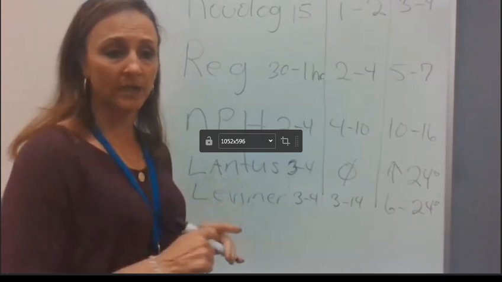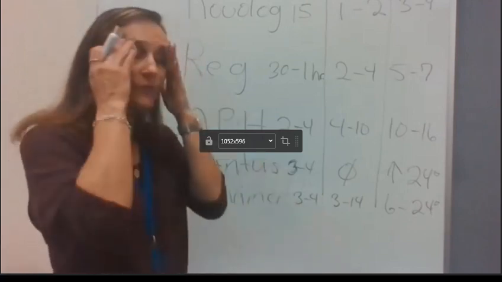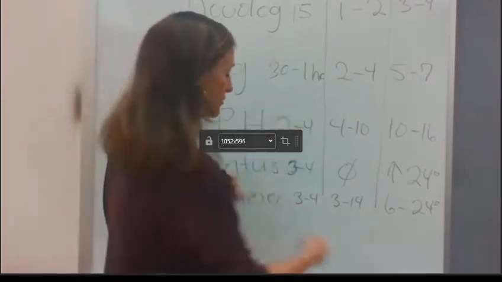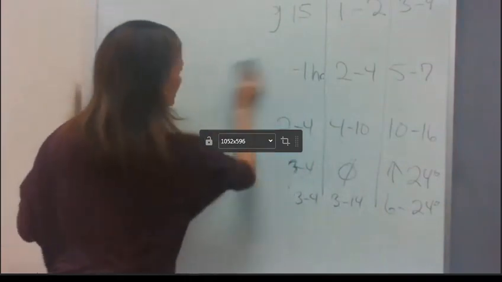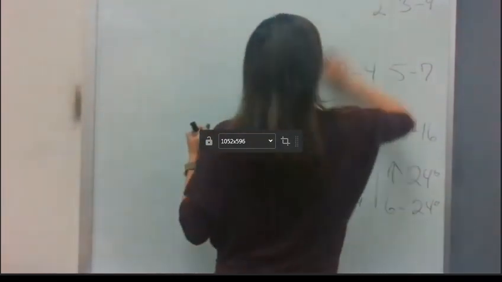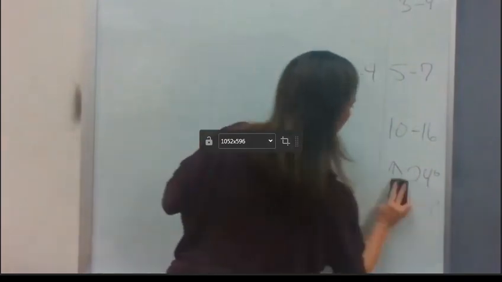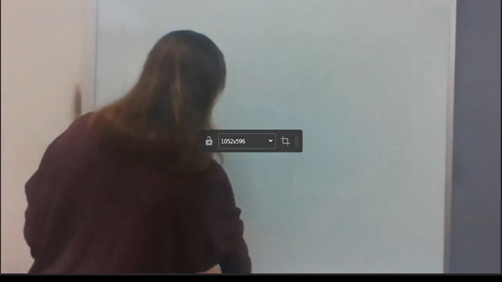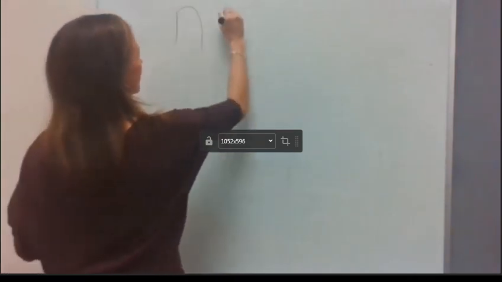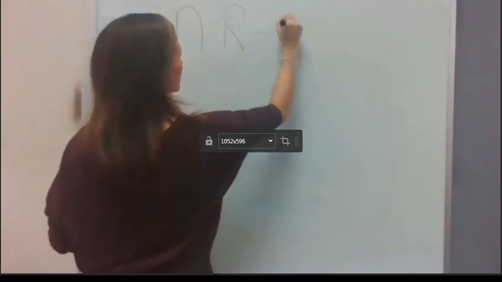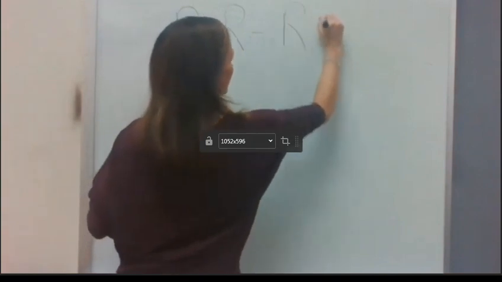So let's go ahead real quick and talk about, I always get confused, which one do I draw up and which one do I do first. Let me show you that. So the little acronym, and let me make sure because I always get myself confused, is NR to RN.